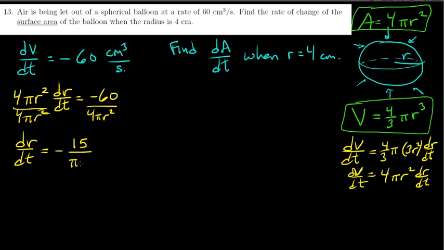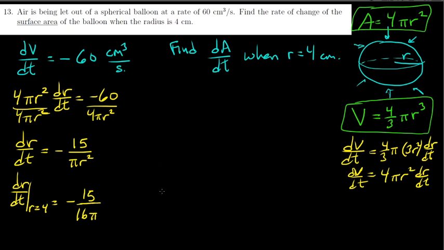So negative 15 over pi r squared. Okay, and when r is 4, so if I plug in r is equal to 4 here, I get negative 15 over 16 pi.